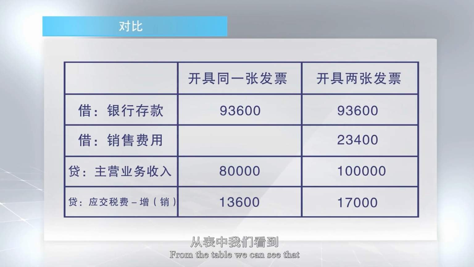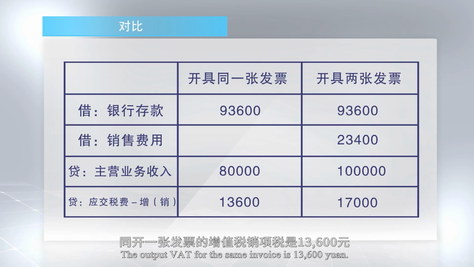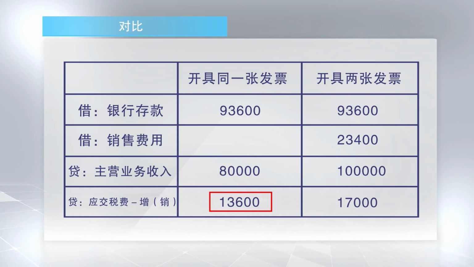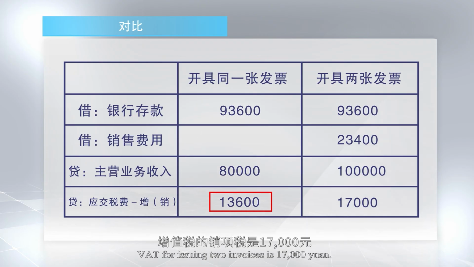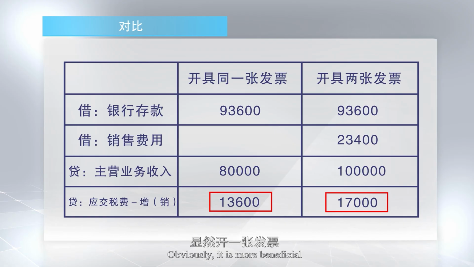From the table we can see that the main impact of the two approaches is the different amounts of VAT. The output VAT for the same invoice is 13,600 yuan. The output tax of VAT for issuing two invoices is 17,000 yuan. Obviously, it is more beneficial for the enterprise to issue one invoice.